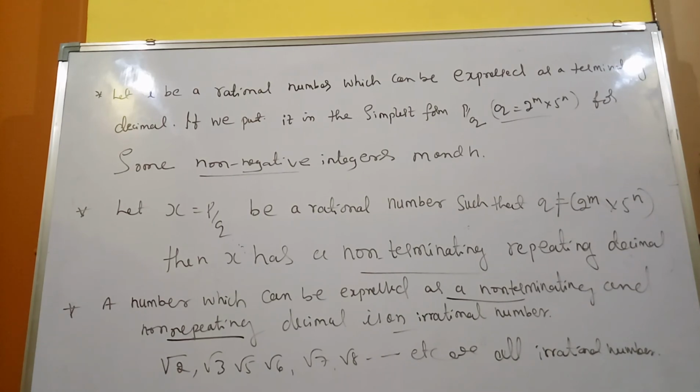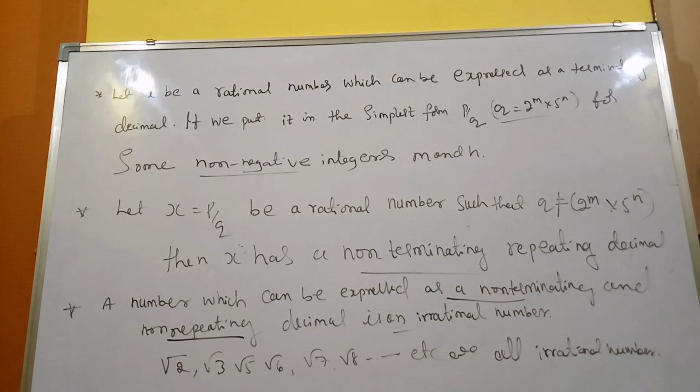If p by q is a rational number, and q can be expressed as 2 to the power m into 5 to the power n for non-negative integers, then it will be a terminating decimal expansion. If q cannot be expressed in the form 2 to the power m into 5 to the power n, then we can say that the given p by q will be a non-terminating repeating decimal.